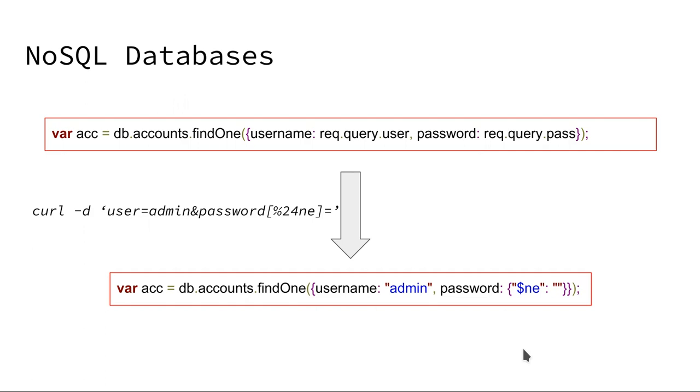JSON is JavaScript object notation's object serialization format, and turns out in MongoDB you can write a $NE, that is a magic value for this field, doesn't equal, not equal, with empty field. So this would work. You would be logged in as an admin as long as the admin password is not empty.